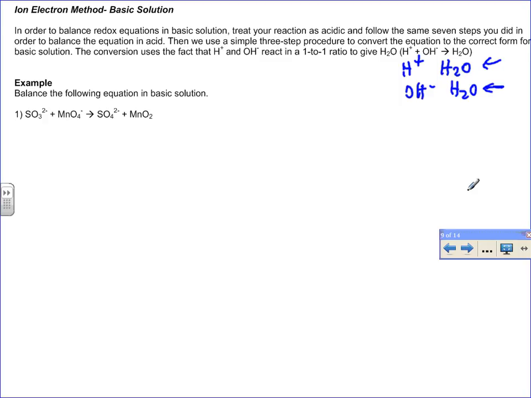So for this particular reaction, what I'd encourage you to do is even pause the video right now and balance this in acid. So follow the same steps as you did before. Divide into the two half reactions, balance the two half reactions using the H plus and the H2O, balance the electrons.